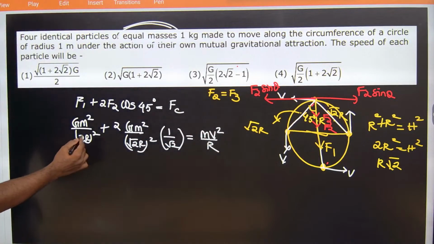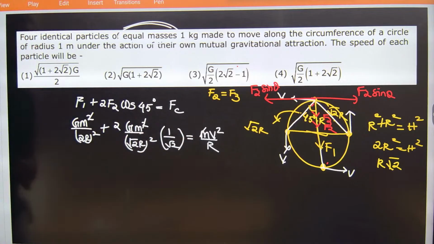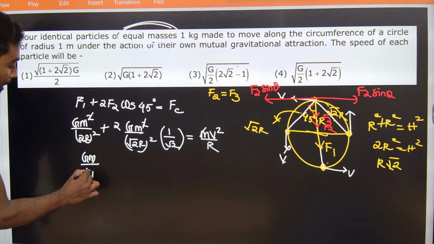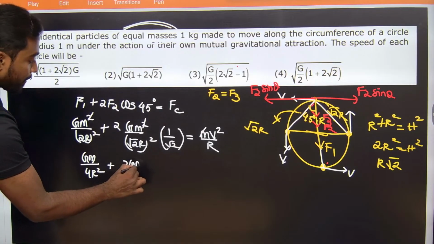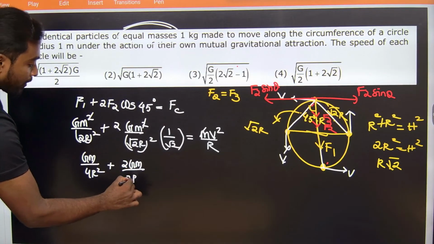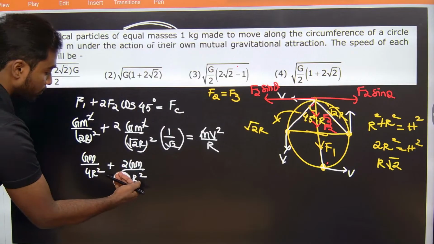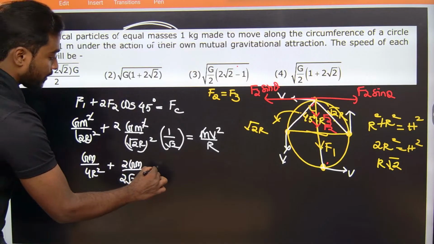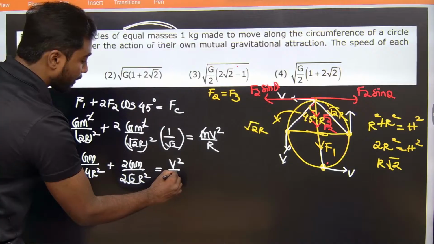Can I expand this? m will get cancelled out. So from this, G m by 4 r square plus 2 G m by 2 r square, and one more root 2 is there, so 2 root 2 r square, is equal to v square by r.